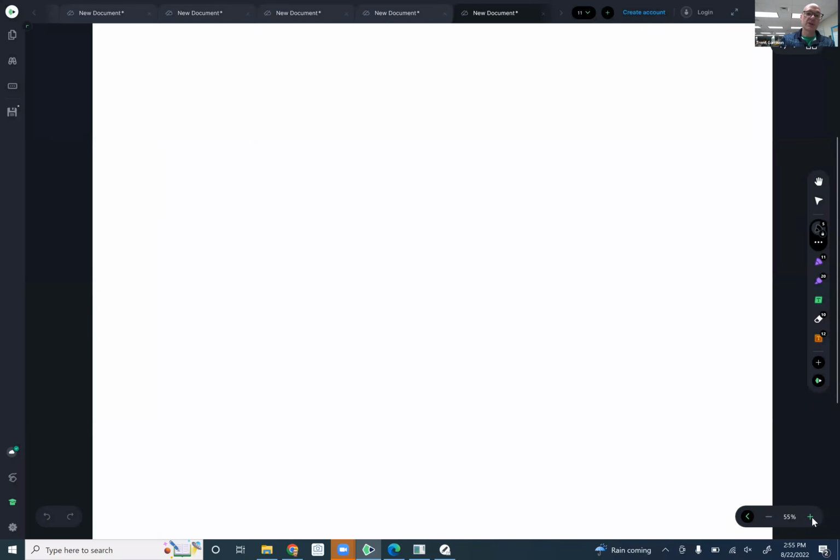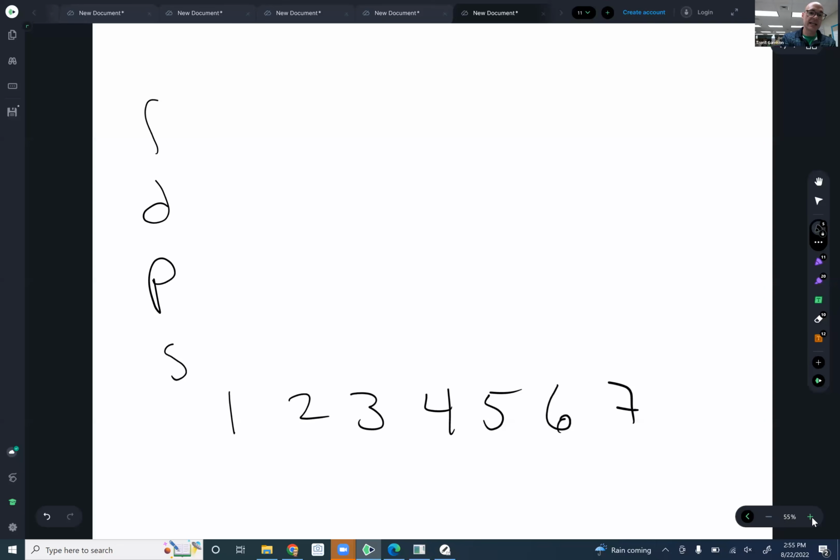So I know that there are 1, 2, 3, 4, 5, 6, 7 energy levels. I know that there is an S, a P, a D, and an F for each one of these energy levels. So I've got an S for each one of these.